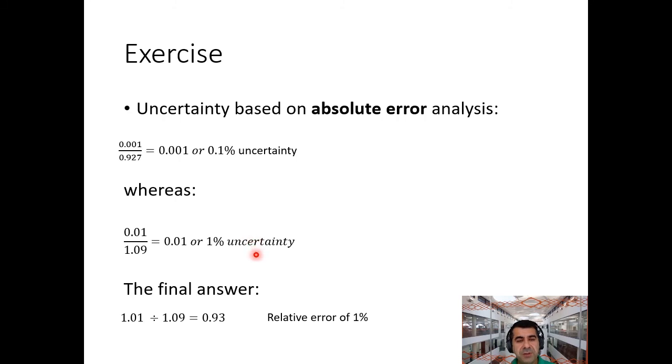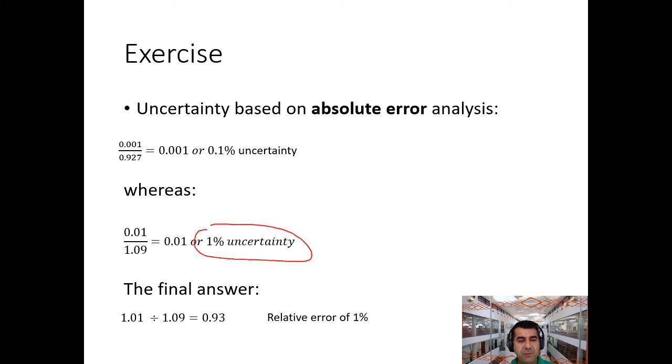So we are going to use the relative method here, and then I'm going to demonstrate to you. In the relative method, we have to retain the uncertainty. So looking at the measurements, the uncertainty of our measurements is 1%.